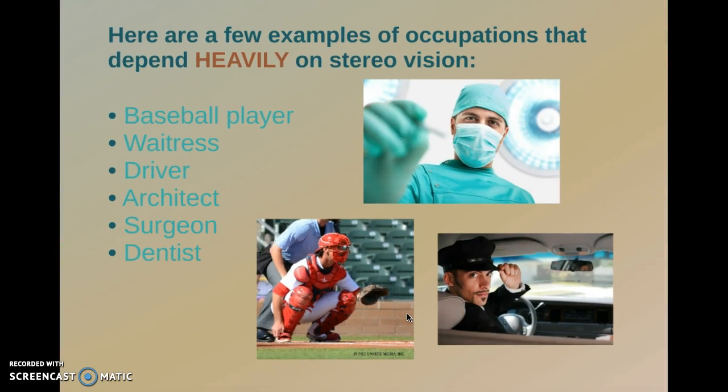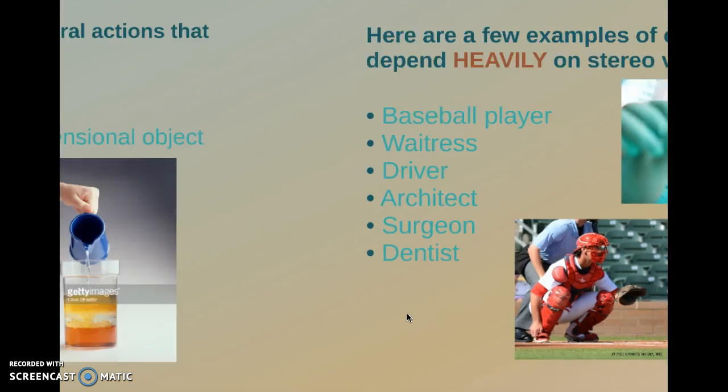So these are a couple of examples of occupations where you're going to need stereo vision. You practically need stereo vision for other occupations too, but I wanted to give you examples that depend heavily on it. So a baseball player, a waitress, a driver, an architect, a surgeon, or a dentist all heavily depend on stereo vision.